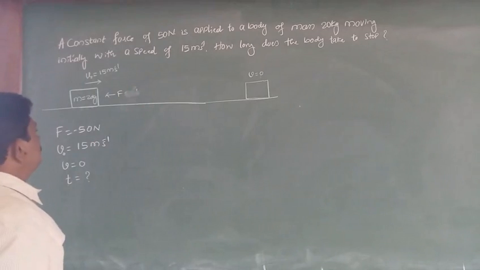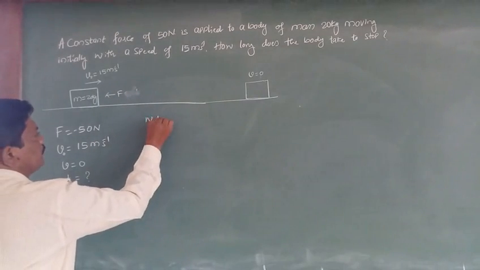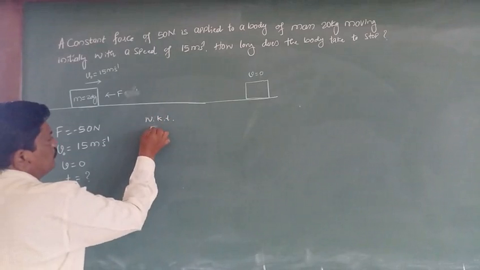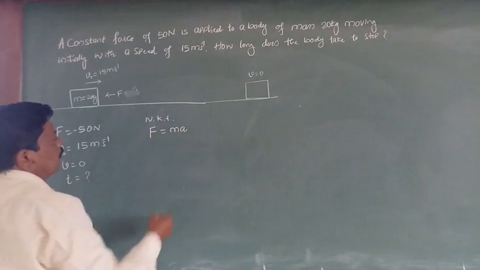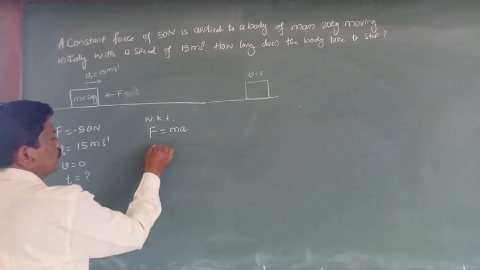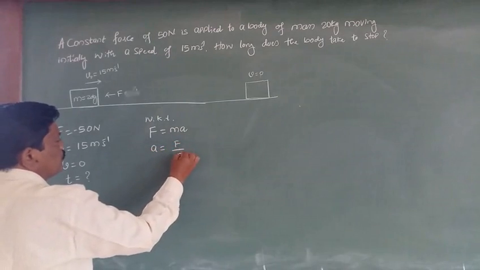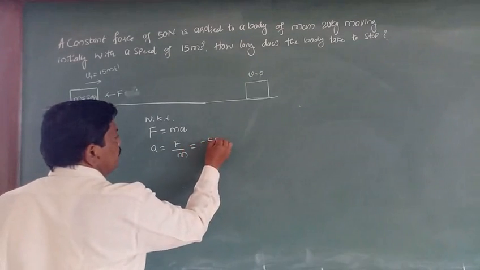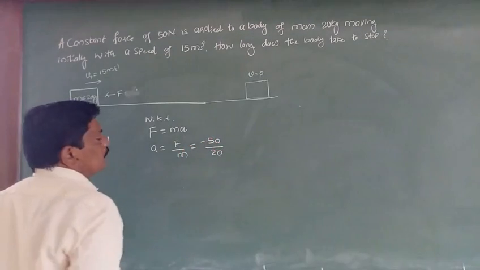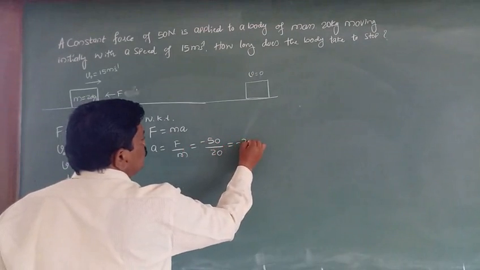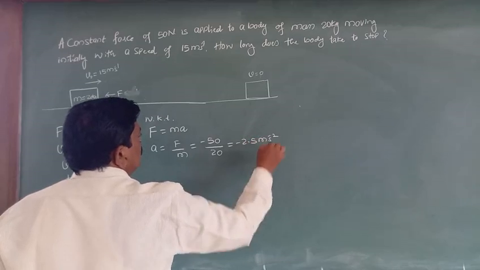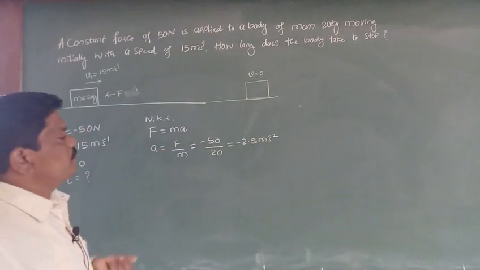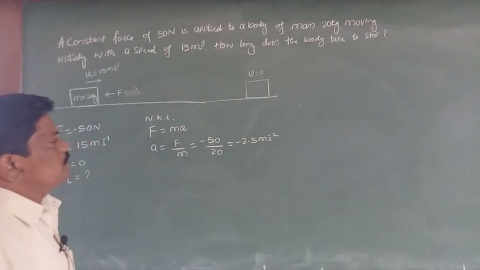See here, we know the relation F is equal to ma. So therefore the acceleration is force per unit mass. The force is minus 50 Newton, mass is 20 kg, so we can write minus 2.5 meter per second square.